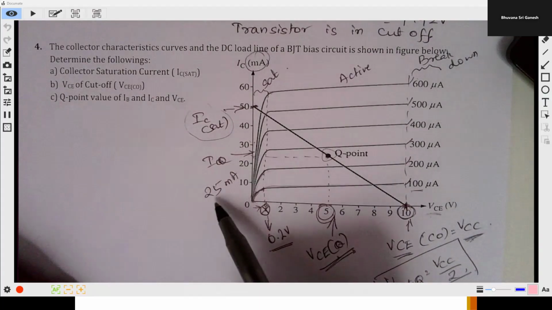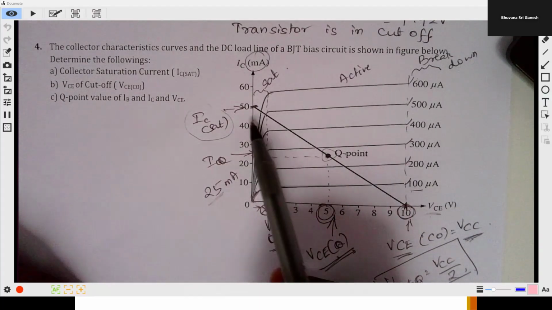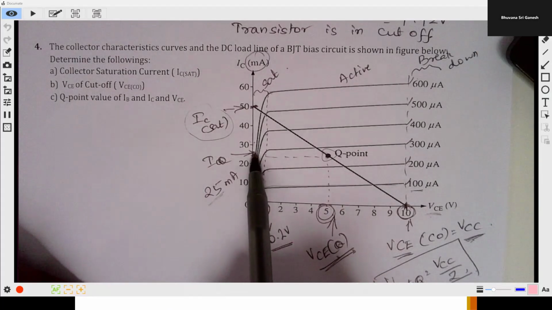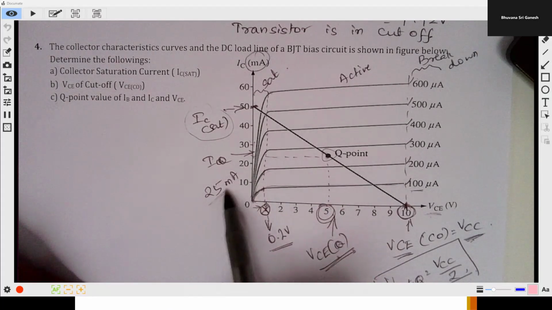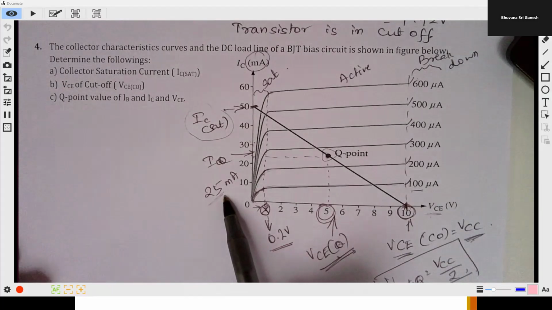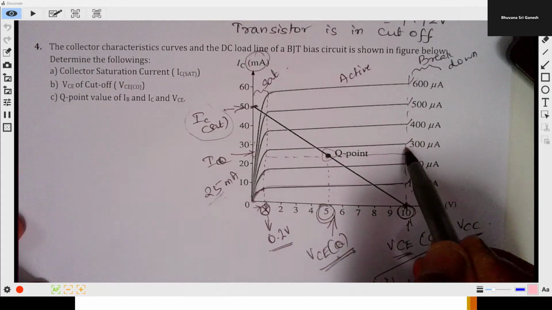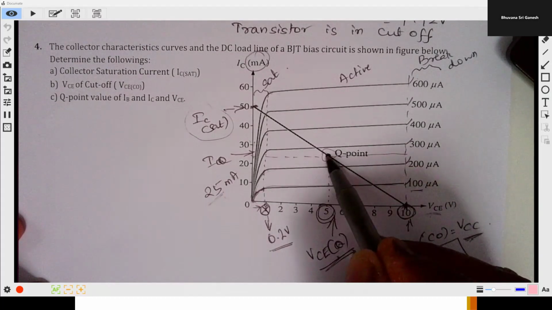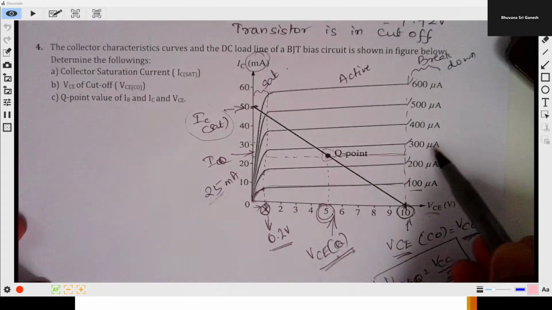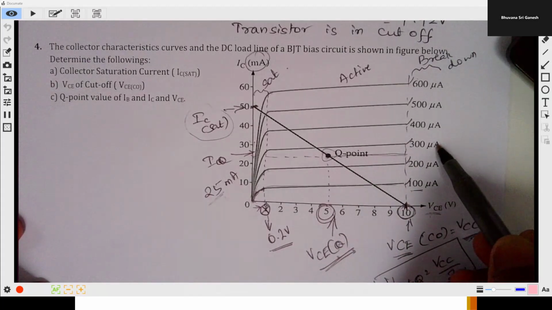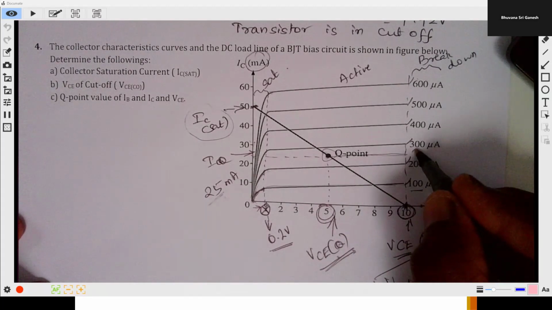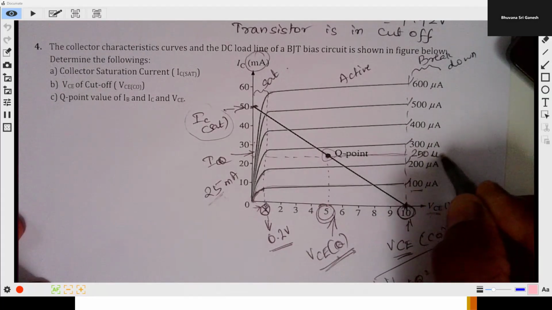Now just approximately by looking at it, since there is no marking, it seems to be at the center between 20 and 30, so I'm saying it is 25 milliamperes, and the corresponding IB for the Q point is at the center between 200 and 300 microamperes, so I can say it is 250 microamperes.